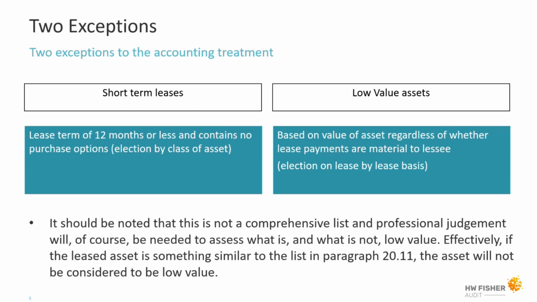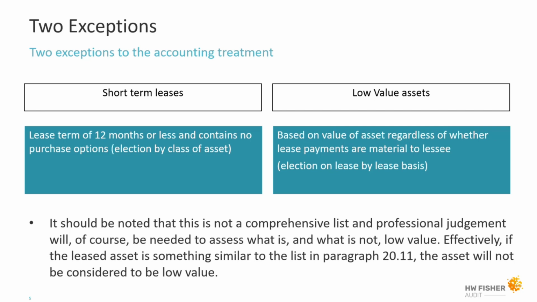There are expedients to the lease. So the key ones here, you can have the exceptions of not bringing on our short-term leases. So this is lease terms of 12 months or less, and contains no purchase options. So here it's probably looking at and probably fit into this, depending on the contracts.